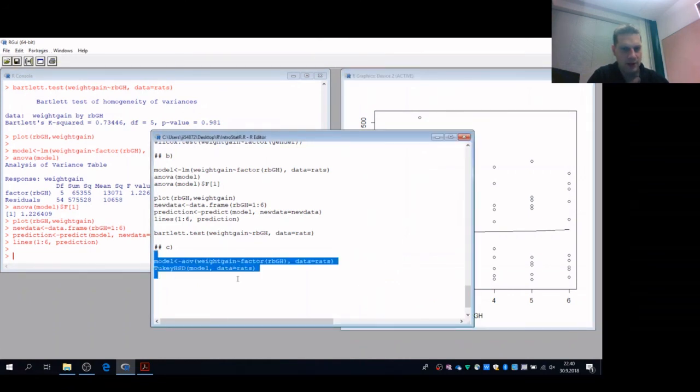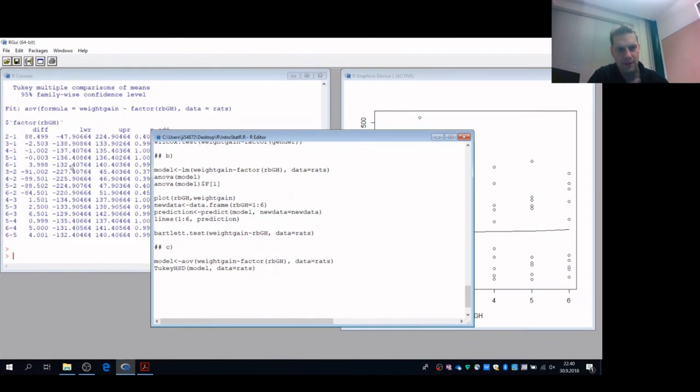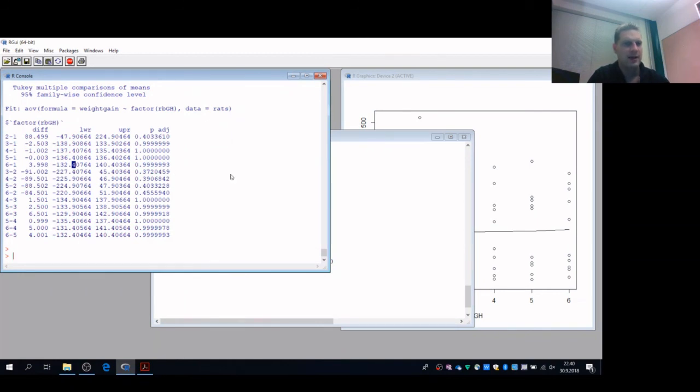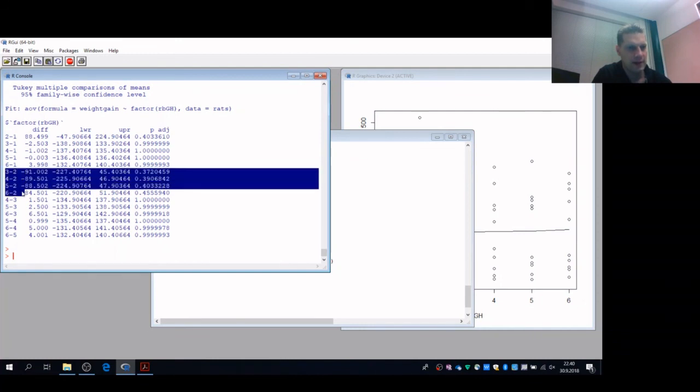And that's what the Tukey HSD function is doing. It tries to find out whether there is a difference anywhere, and it cannot really find a difference. So we have to look, for example, at these second cases. So there's not really a statistically significant difference between these differences.